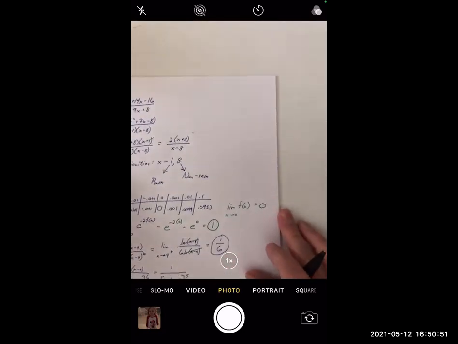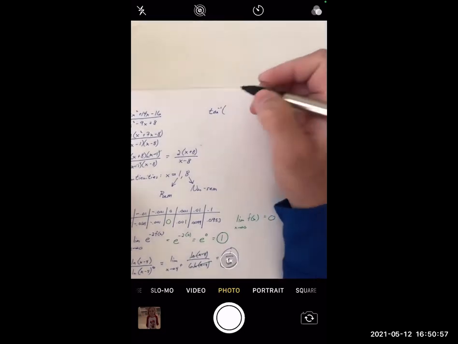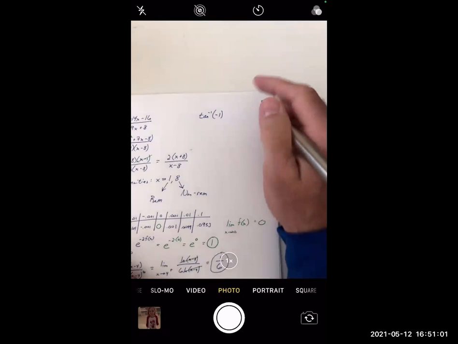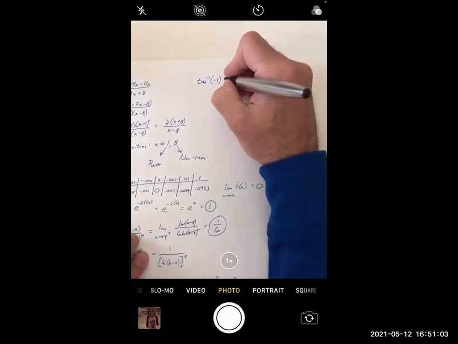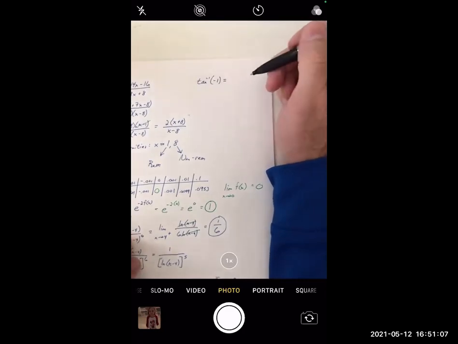Another one that I'll see quite a bit is inverse tangent, or arctangent, of -1. A lot of students want to put that at 7 pi over 4, but it's not.